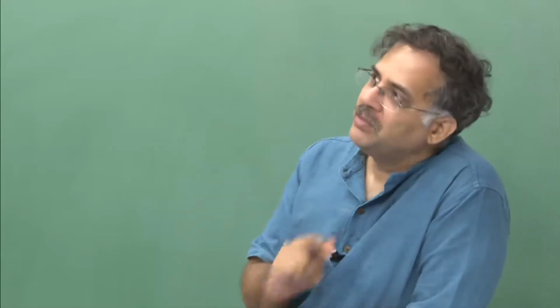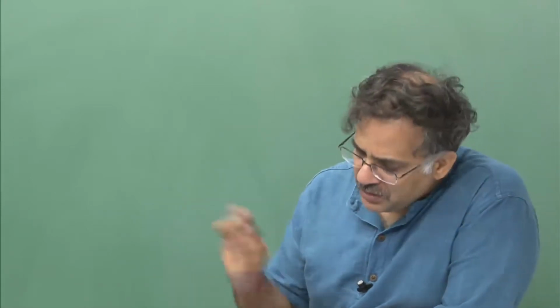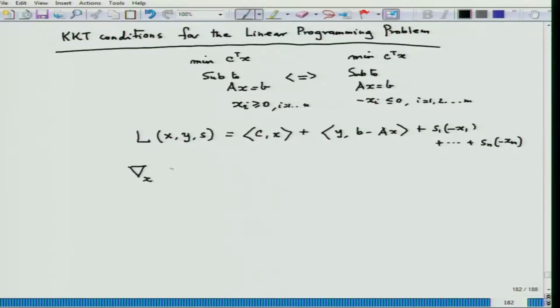But going by what we had in the case of the Lagrange multiplier rule, what we would have is this. It should be 0. Number 2, we should have x satisfying this.